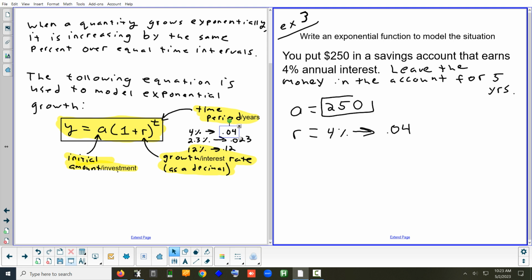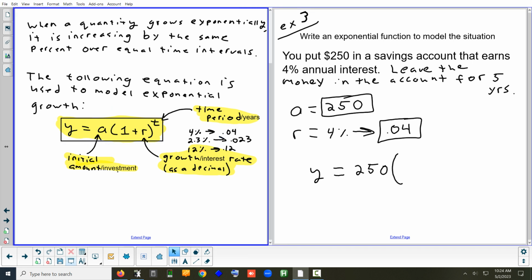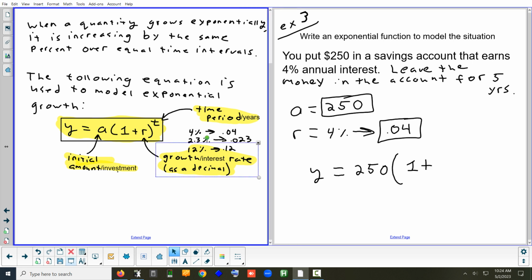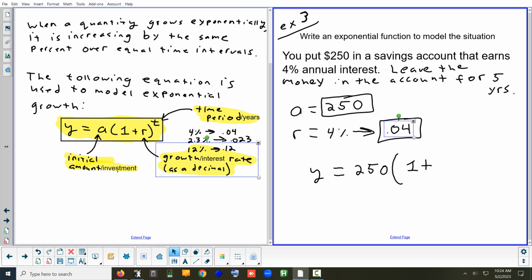So here's your A. Here's your R. Take those two things and fill them into this formula. And that's the first part. So it's Y equals 250 times, this is always a 1. That 1 never changes. 1 plus, and it says to add R, which was the interest rate as a decimal, 0.04.